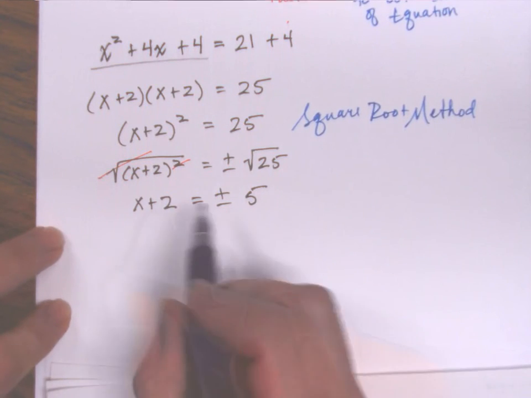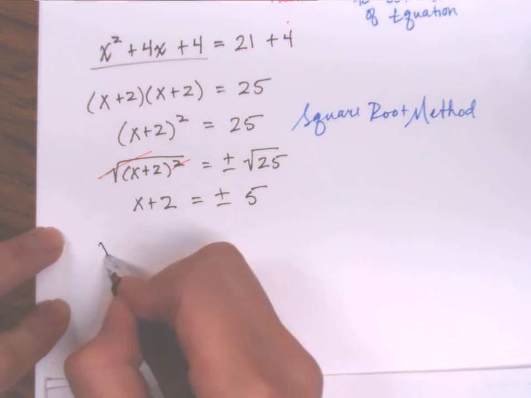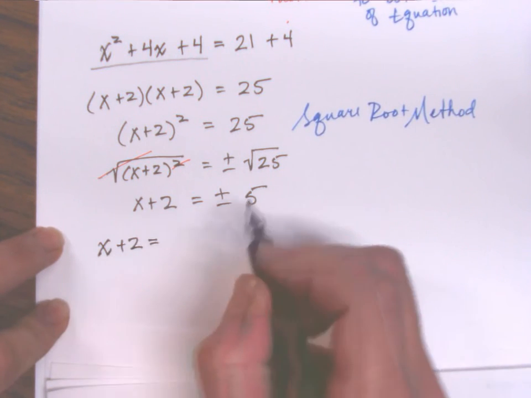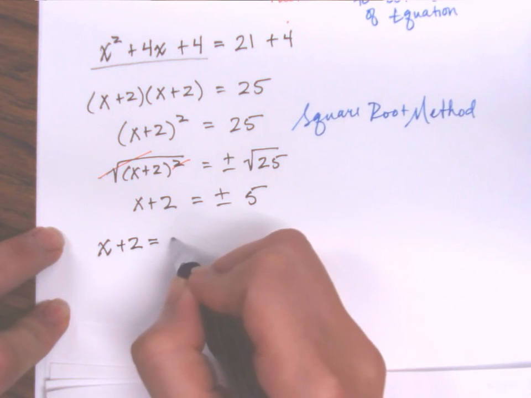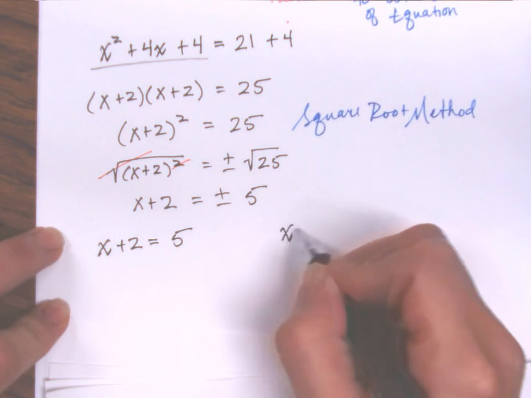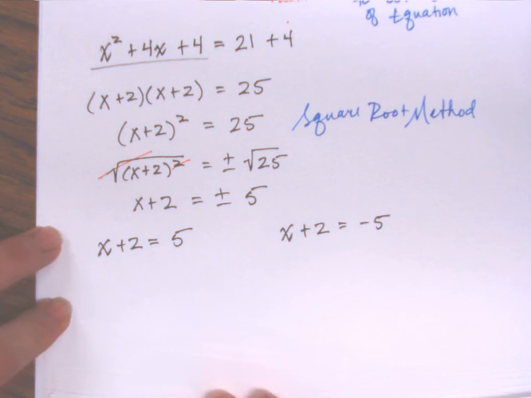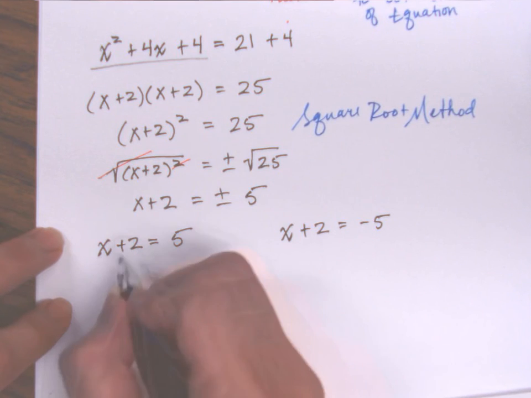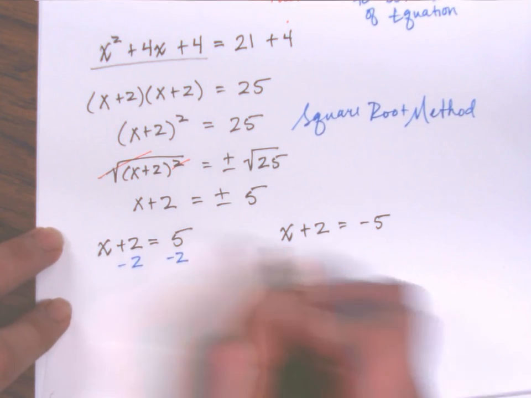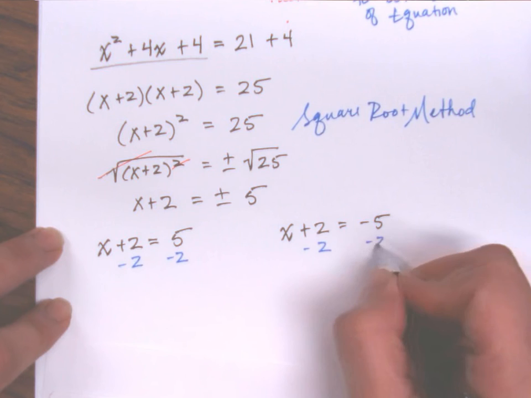So let's go ahead and break this up into two different equations. I've got x plus 2 equals positive 5, and x plus 2 equals negative 5. And now I can continue solving for x. I need to subtract 2 from both sides in both equations.